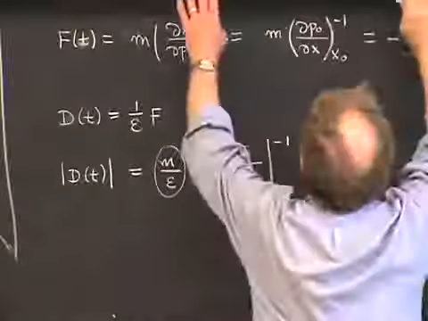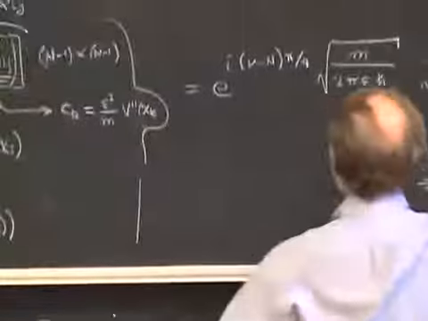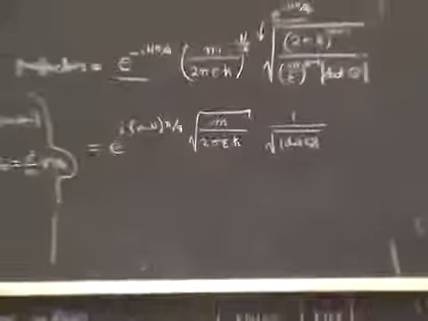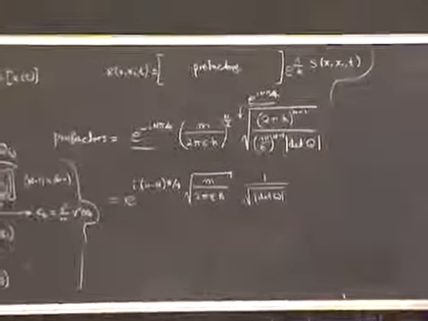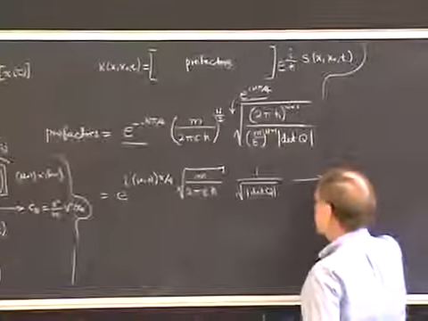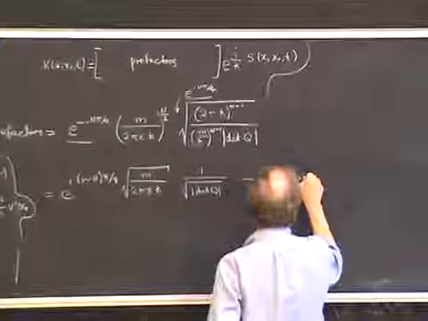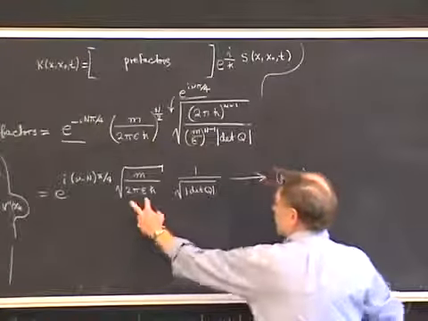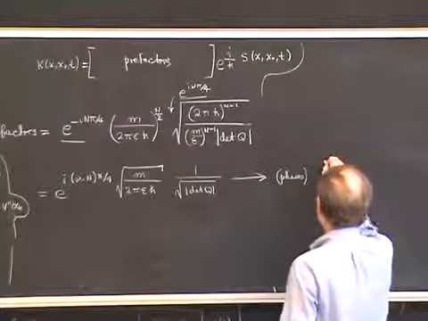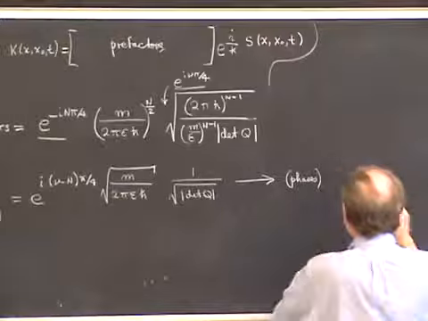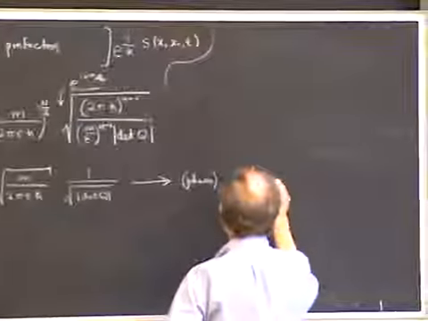All right, so let me bring this down. And now I no longer need this over here, so let me erase this. And so dealing with the prefactors, this thing turns into, I'll get the phases in a minute. But as far as these square roots are concerned, what's left is just 1 over the square root of 2 pi h bar.